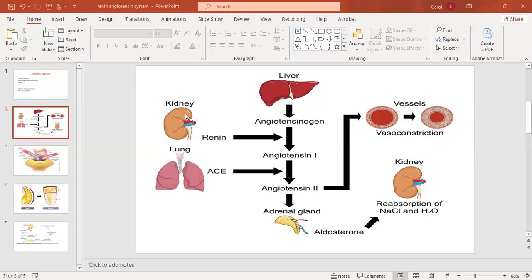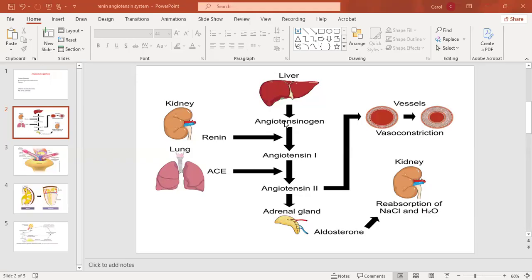Once blood pressure drops to a subnormal level, the kidneys are going to interpret that as something abnormal, and therefore the juxtaglomerular cells in the afferent arteries are going to produce angiotensinogenase. Angiotensinogenase will be released in the bloodstream, and it is going to meet angiotensinogen.